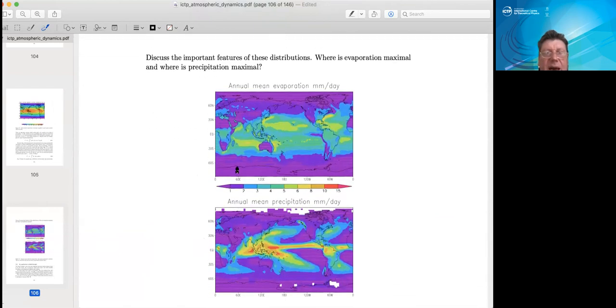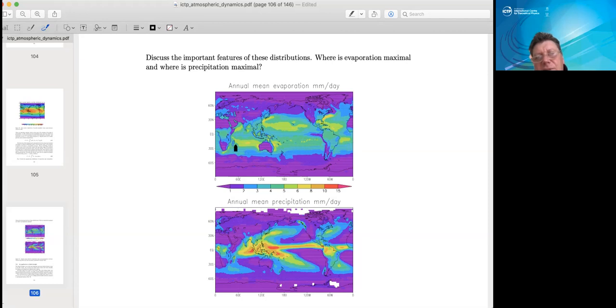Here are again the annual mean values. The top panel shows us the evaporation field. Here we see again the yellow and reddish values are large, and the violet and blue values are less. So the evaporation, as we can see, is maximized in the subtropical region.